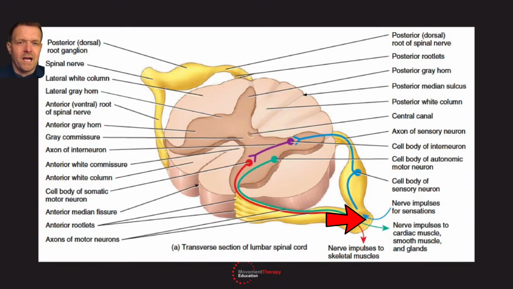Okay. And then we also have a sensory part of the nerve root, which is the information coming in from our body. So our body is surrounded by sensors. We've got sensors in our skin, in our joints, in our blood vessels. Obviously, the things to do with senses, so hearing and eyes and taste and all that kind of stuff.